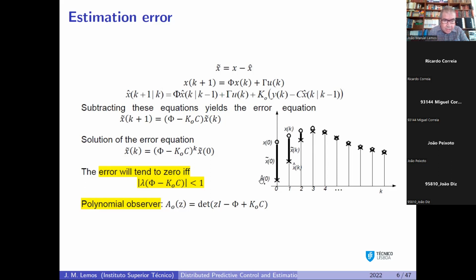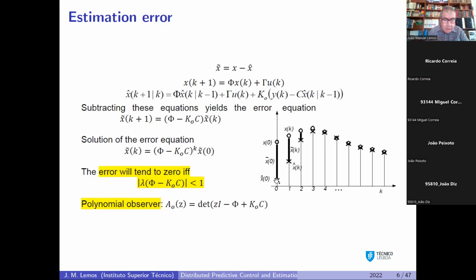And if you design your, let's call it observer or state estimator, that's the same thing in this situation where we are considering no noise, so we can use observer also to call the state estimator.